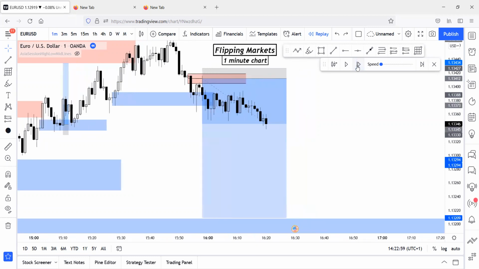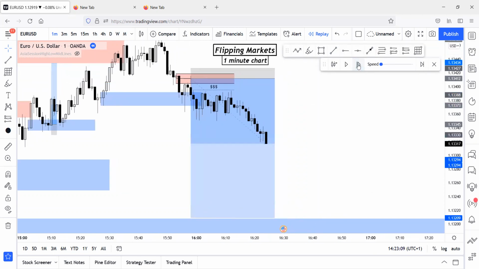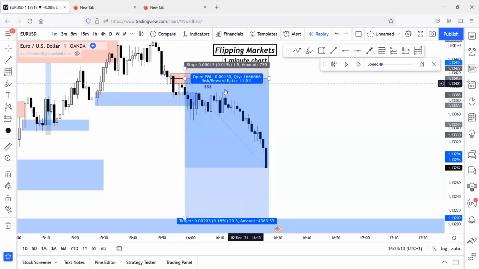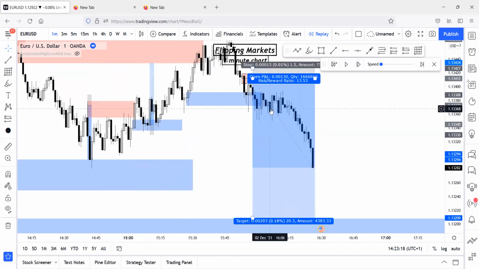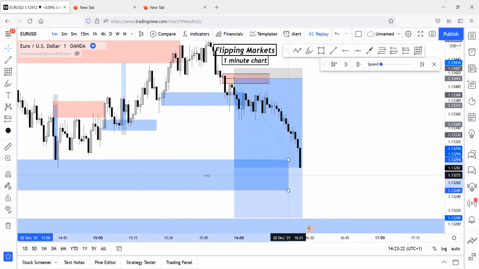Price fed the downside liquidity. Maybe it will come up for the upside liquidity here. Let me just mark it. Okay, it won't come back up. It just keeps breaking structure to the downside. And we are currently in the upper demand zone, as you can see.